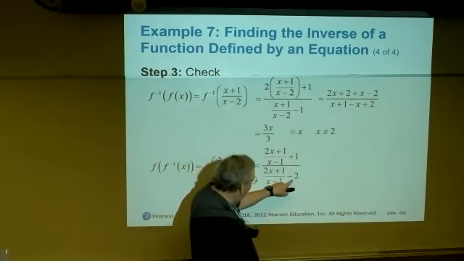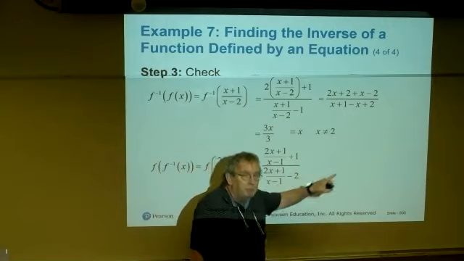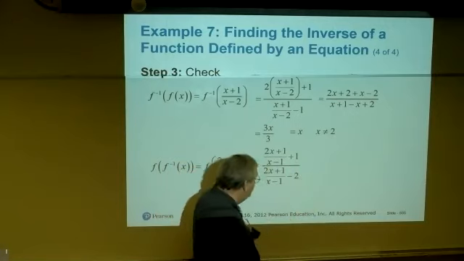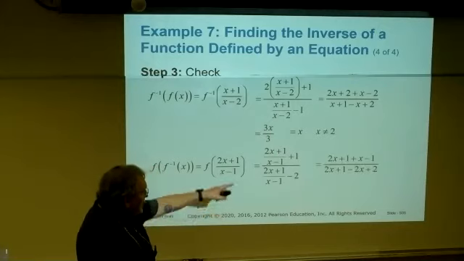And multiplying a minus 2 times x minus 1 becomes a minus 2x plus 2, which is what they have there.